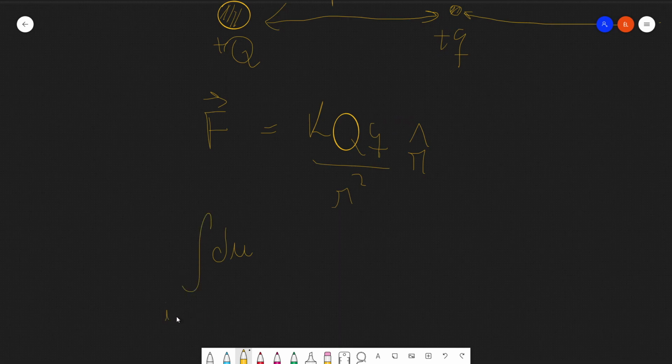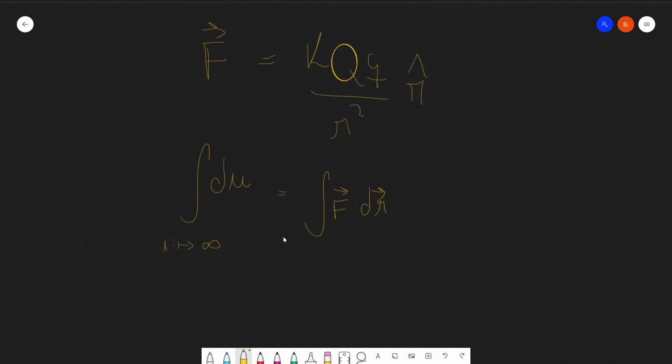So from the limit, this is the integral from r to infinity of the distance. So this equals F times dr.